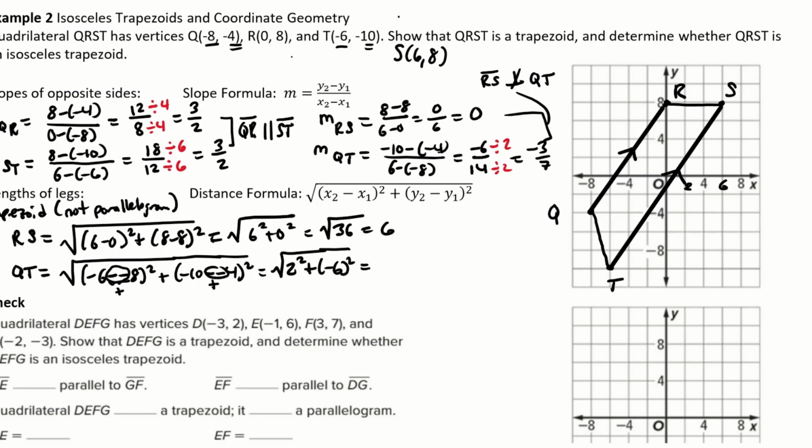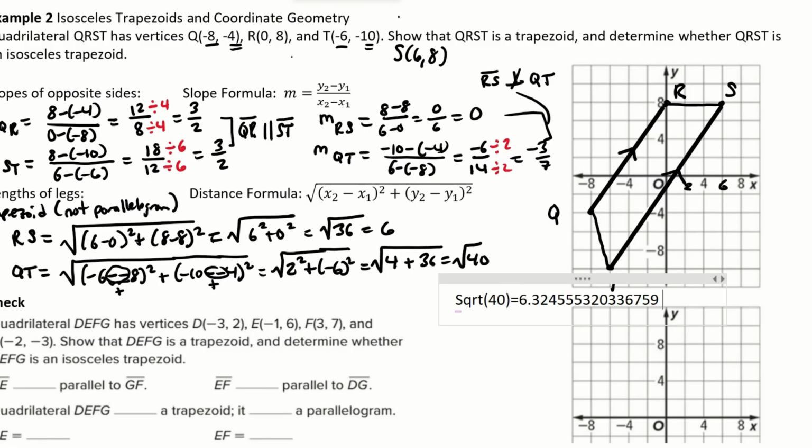So 2 squared is 4, and 6 squared is 36, so we get the square root of 40. Now the square root of 40 does not equal 6. If you do the square root of 40, you get 6.32, so approximately 6.3. You can see that they're not equal.